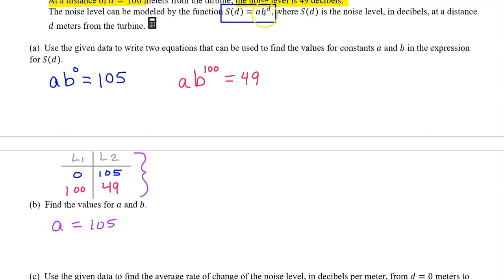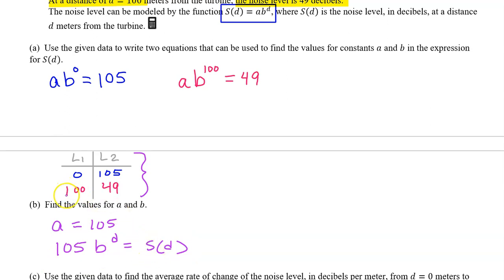105 times b to the d power. So we have 105 times b to the d power is equal to S at d. Alright, so we already have this.